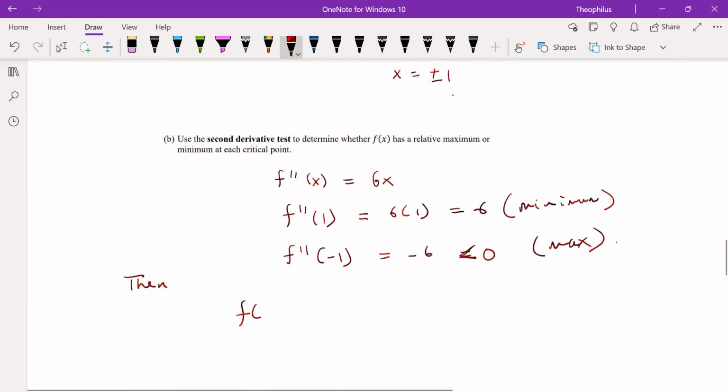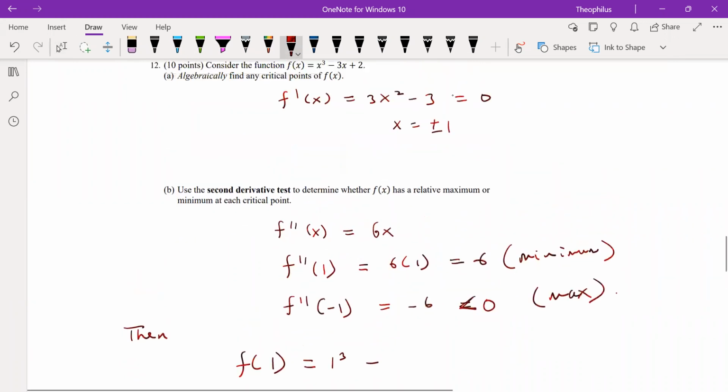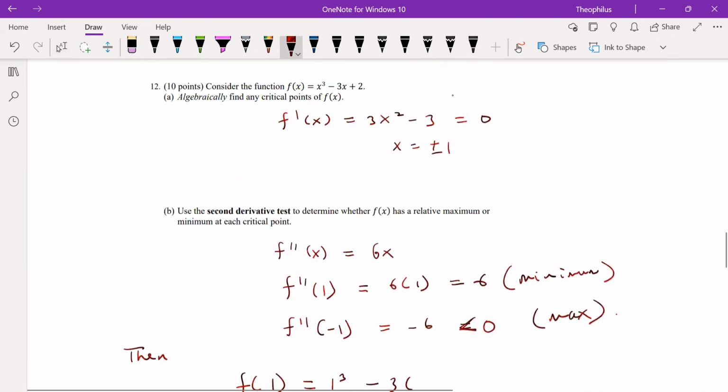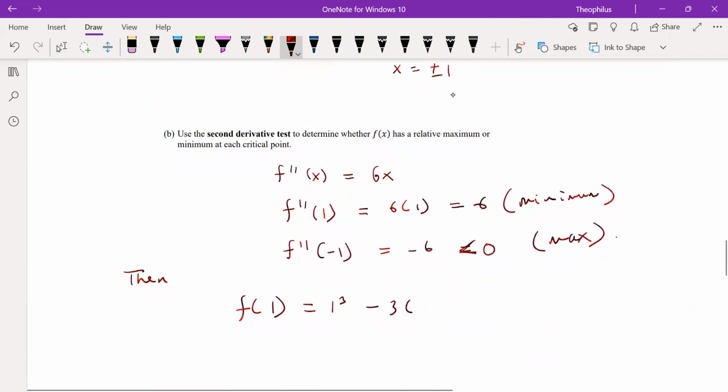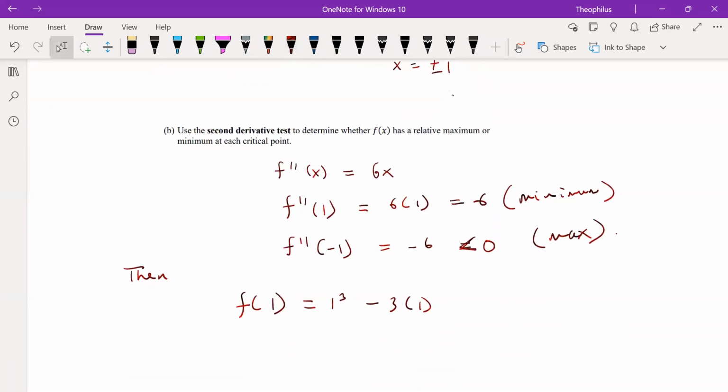Substitute 1 into the original function to obtain the value for the minimum, and that will give you the answer.